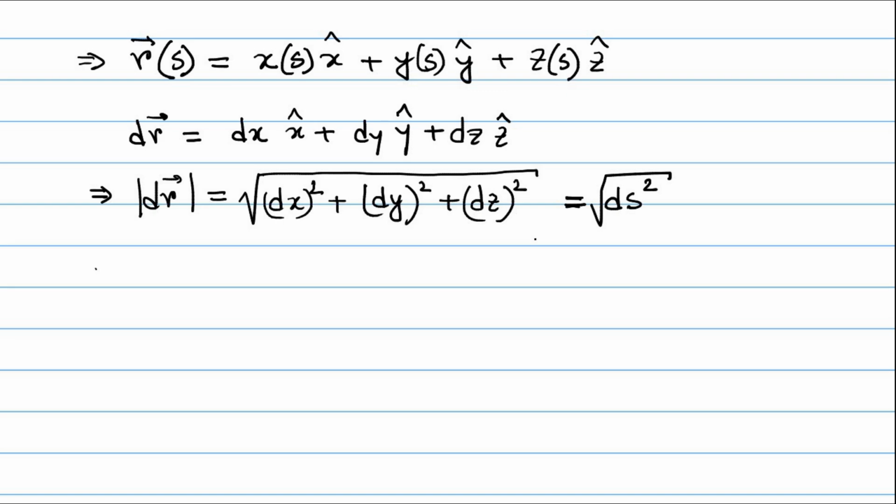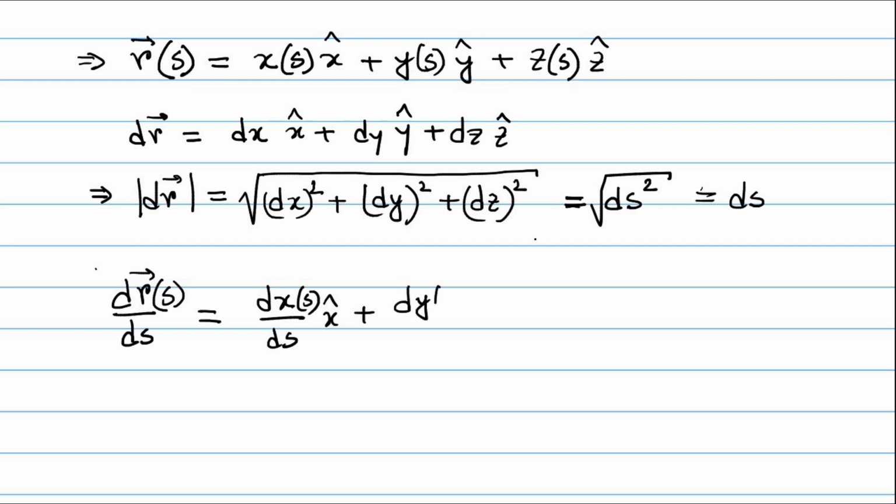And that's pretty much it. This can be written as ds. Once you do that, what you can get is the derivative of r, the position vector, with respect to s, and presumably you should get dx of s over ds x hat plus dy of s over ds y hat.